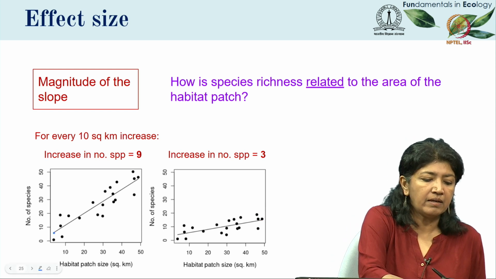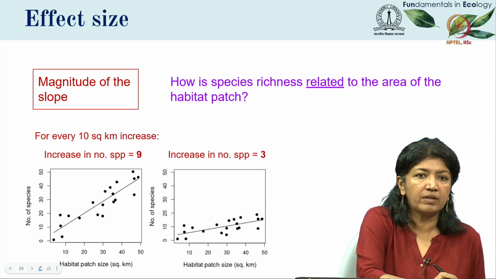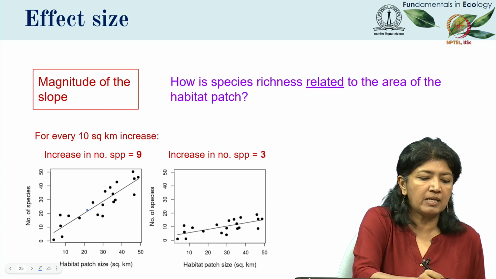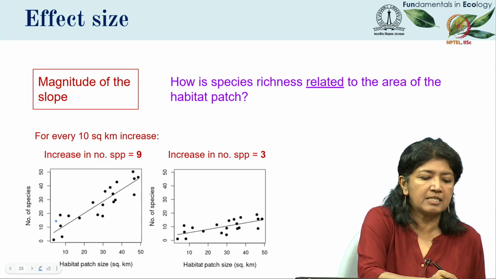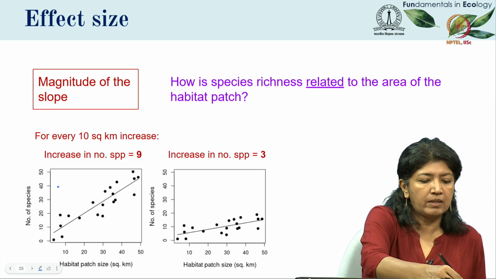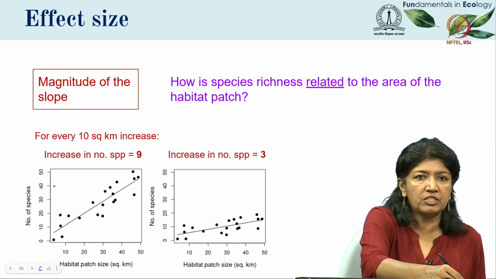On the other hand, look at the case on the left where as you go from the smallest to the largest, you have a huge increase in species richness, from around 5 species all the way to around 40 species.